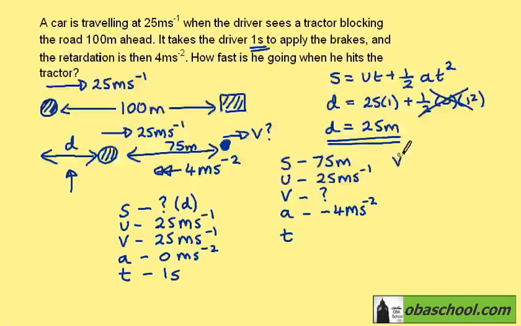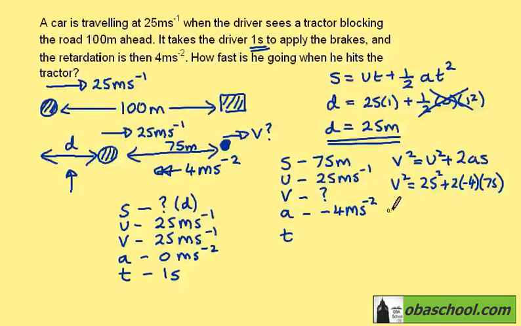These four quantities are related by v squared is u squared plus 2as. Substituting in, v squared is going to be 25 squared plus 2 times minus 4 times 75.